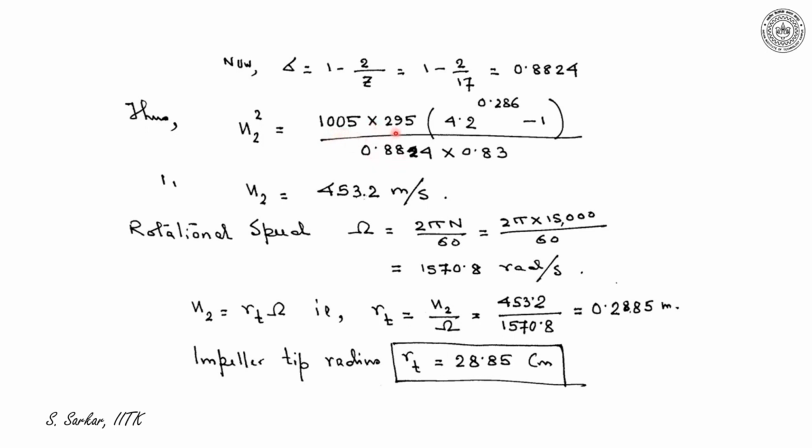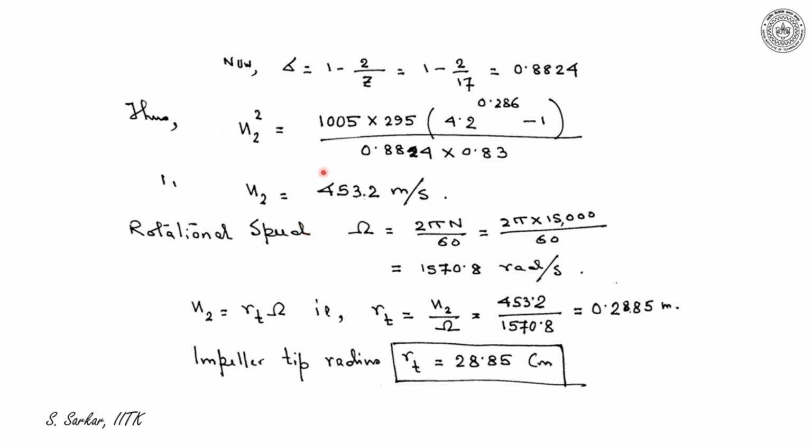Now, following the earlier derivation, U2 square would be equal to Cp, that means 1005, into T01, that is 295, within the bracket R to the power gamma minus 1 by gamma, that is 4.2 to the power 0.286, minus 1, divided by sigma into eta C. Sigma that I have calculated as 0.8824, eta C is given as 0.83.